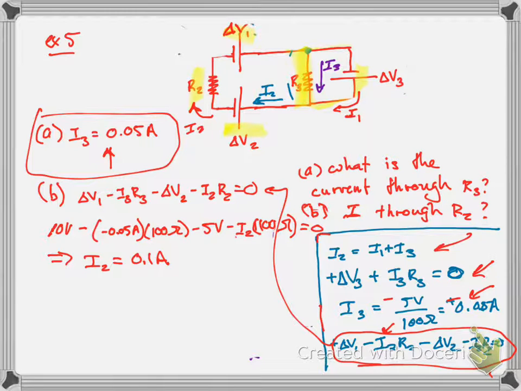That's part B. Part A, 0.05 amps. Part B, 0.1 amps. And then the direction, in both cases, the current is going through the resistor in the upwards direction. Current is not a vector, but it does have a direction. I know, it doesn't make a whole lot of sense. We haven't really talked about that.